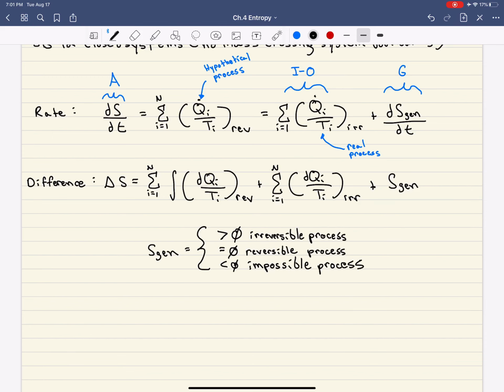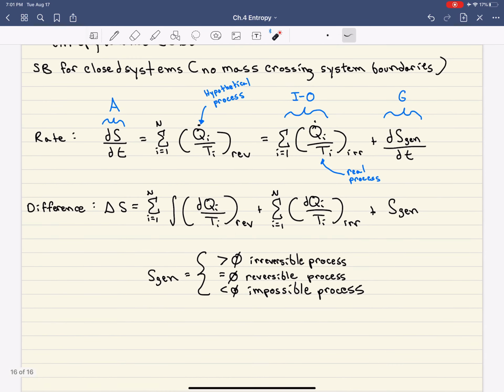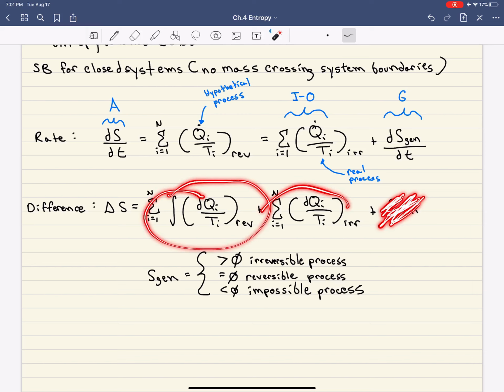And to make this a little bit more clear, if your S_gen is equal to 0, and this goes away, then what you would have is this is equal to that. And so that's why S_gen equals 0 would be describing the reversible process.